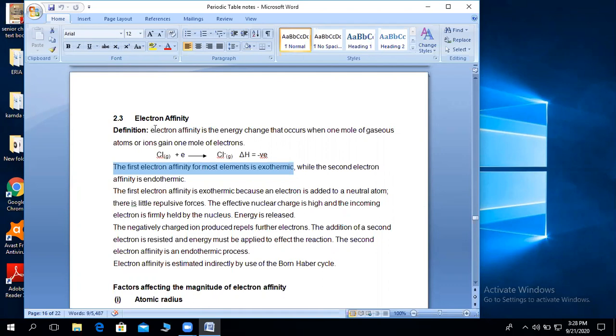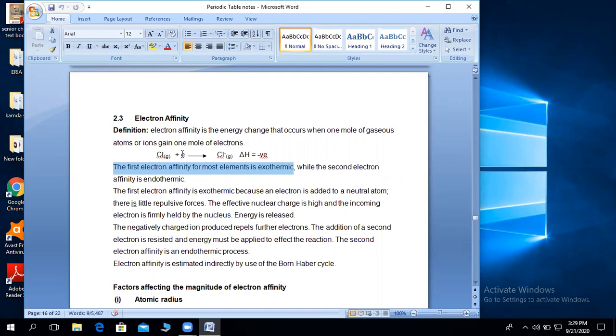By the way, this is the definition of electron affinity, but you know the question can say define first electron affinity. So first electron affinity, just like first ionization energy, first electron affinity is when the electron is added to the gaseous atom.